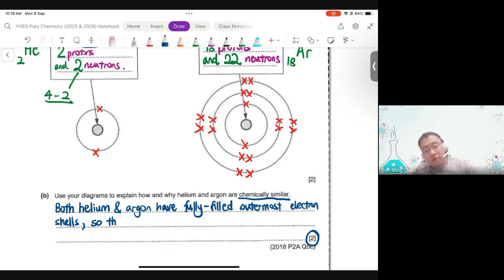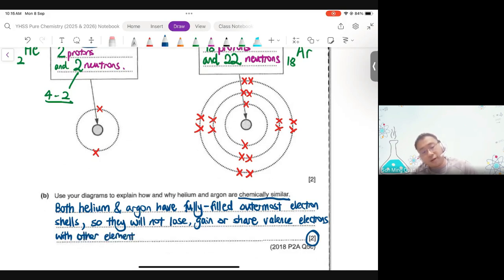It makes a difference because if it's a fully filled outermost shell, they will not lose, gain, or share valence electrons with other elements. So most students do not elaborate and they will lose the mark. The impact is that they don't lose, gain, or share valence electrons with other elements.